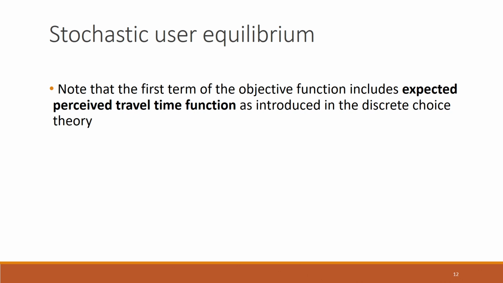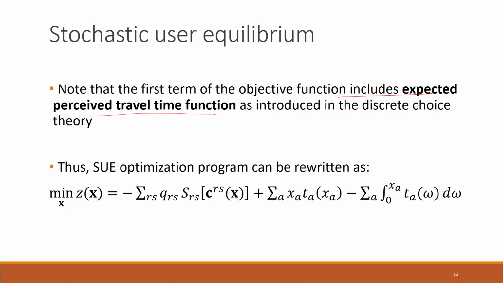So note that the first term of the objective function includes the expected perceived travel time function. Okay, as it's introduced in the discrete choice theory. So we can write this optimization problem for the stochastic user equilibrium formulation in a slightly better looking way by replacing that expression with this in the first term here.